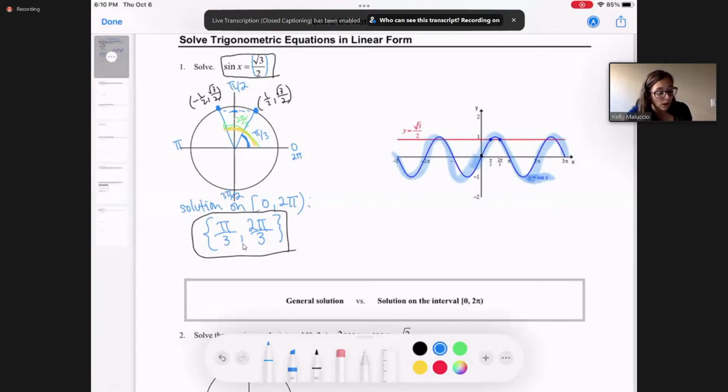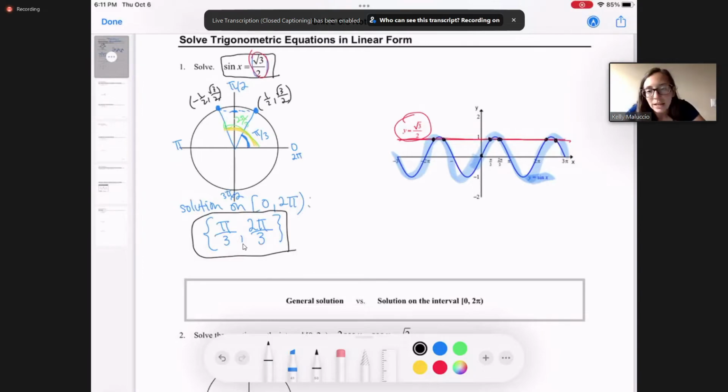I look for the line y equals √3/2, and that's what we want here: sine of x is √3/2. If I look there, I see 2 points here, 2 points here, 2 points here. If I kept going, there are infinitely many solutions to this.